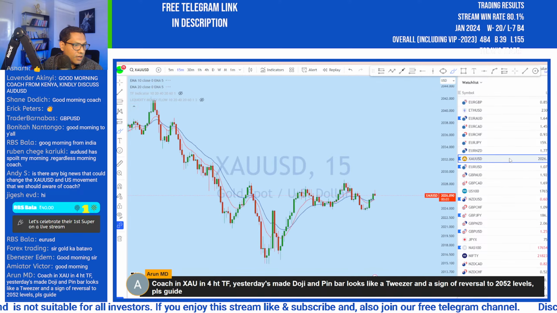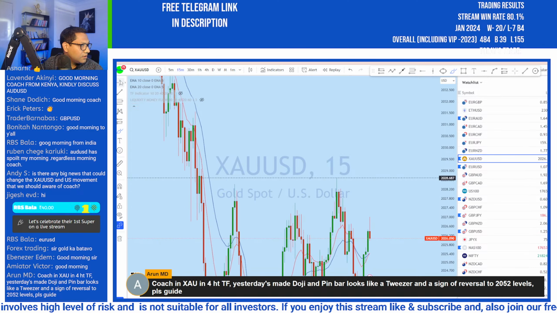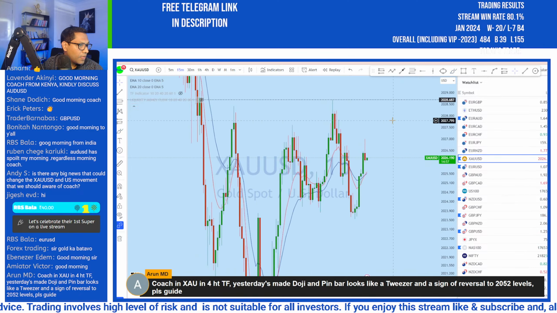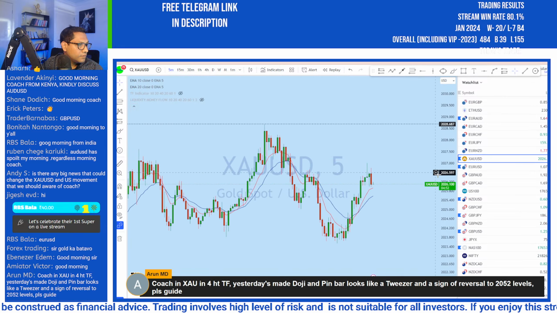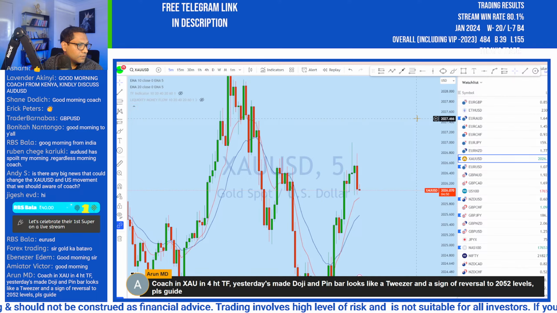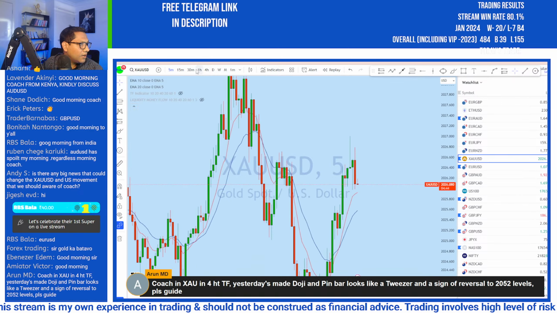Okay, let's see now. We see that gold from this level is getting some kind of rejection. I think we might see some short-term downside, most likely.